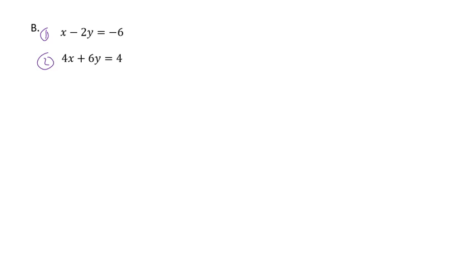In equation 1, I see the x has a coefficient of 1. So we're going to rewrite this now and solve to get x by itself, so that variable is by itself.